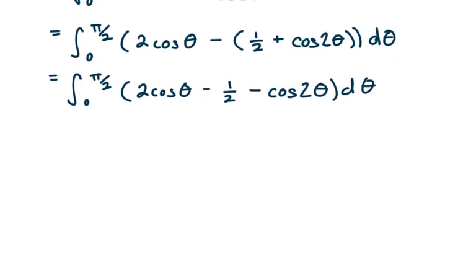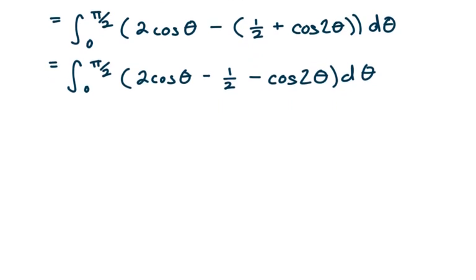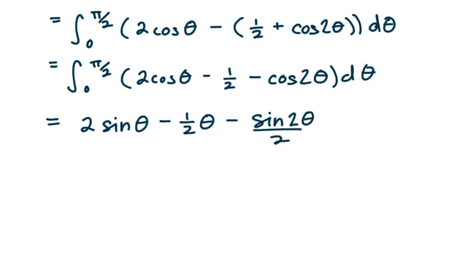And each of these three terms is easy to integrate. So this becomes 2 sine theta minus 1/2 theta minus sine of 2 theta over 4.